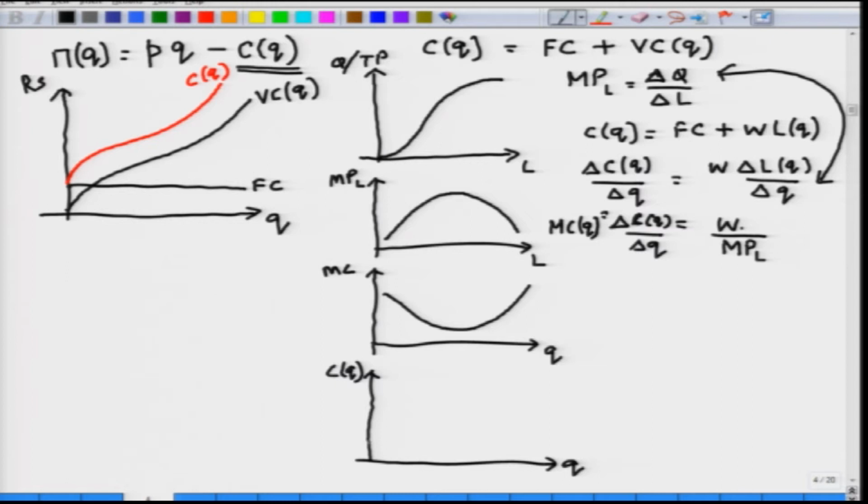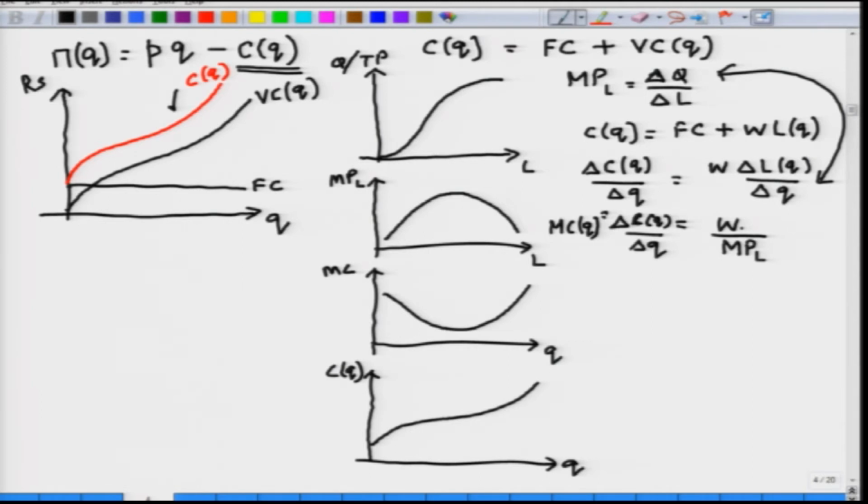So, that cost curve would look somewhat like this, which is identical to the cost curve that we had drawn earlier. So, to get to the cost curve, we started with the marginal product of labor curve, we used that to get the marginal cost curve, and then we used the marginal cost and went back and derived the cost curve.